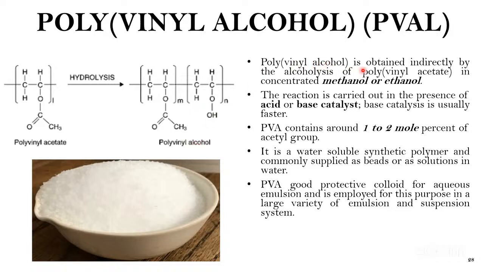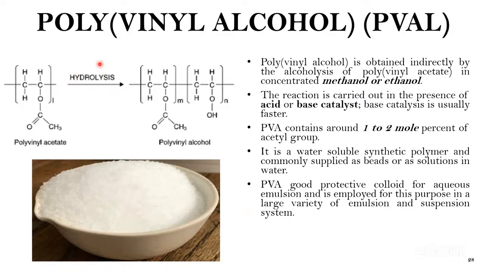So polyvinyl alcohol is obtained indirectly by the alcoholysis of polyvinyl acetate. Alcoholysis means here I will use alcohol as the reagent, in the presence of methanol and ethanol. Methanol and ethanol are the two alcoholic substances that we use here.